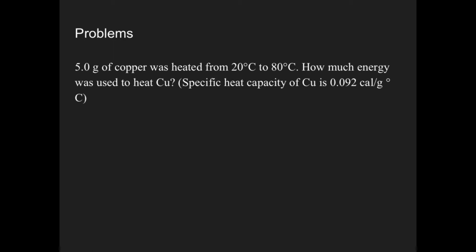All right, let's take a look at some of these specific heat problems. We have a 5-gram sample. The question is how much energy, so we're solving for Q. We're given the change in temperature from 20 to 80, the mass, and the specific heat.